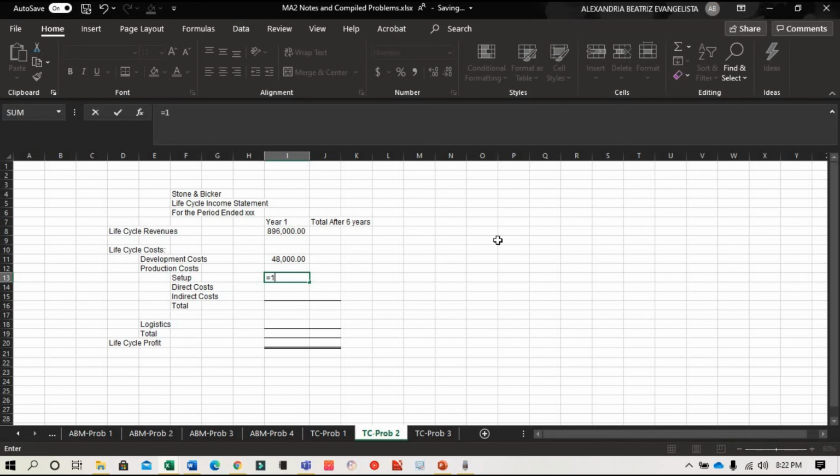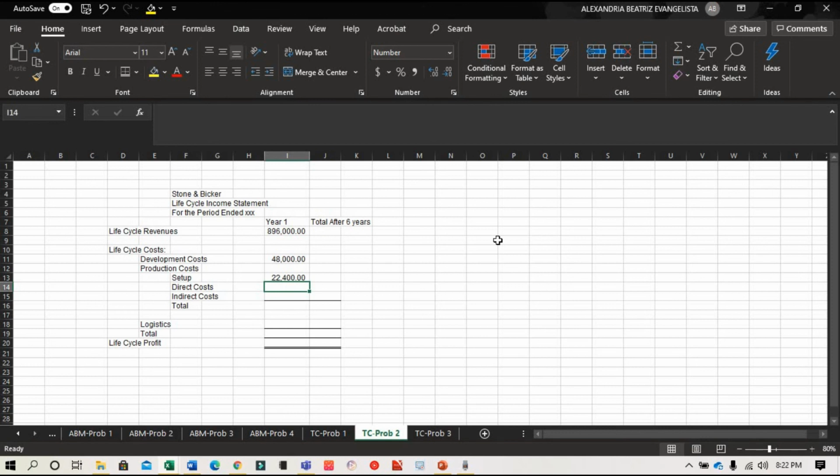So we're just going to multiply 11,200 by 2, because the 11,200 corresponds to only one pattern, since a new pattern is put into production every 6 months. So in a year there are 2 patterns put into production. So our setup cost will be 11,200 for each pattern, and there are 2 patterns, so simply multiply it by 2.